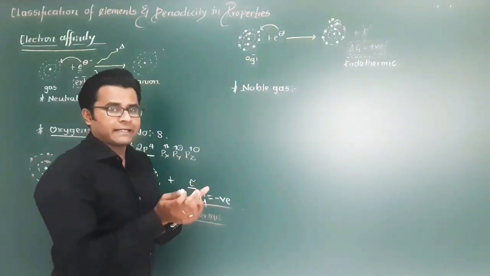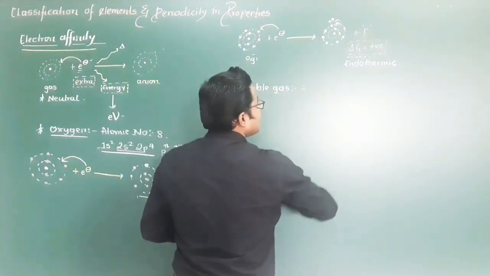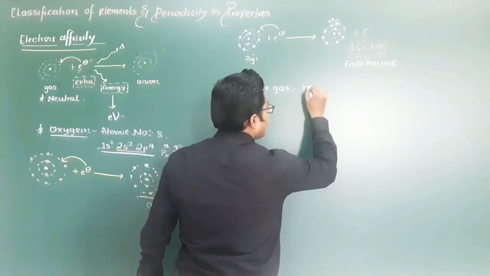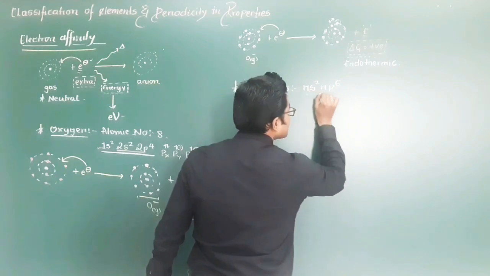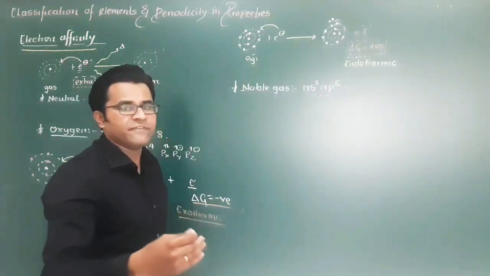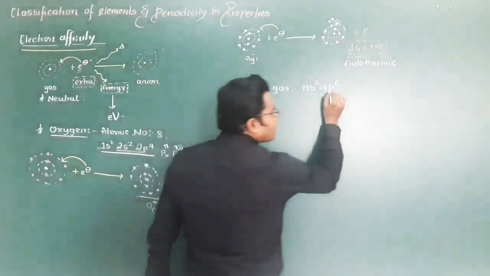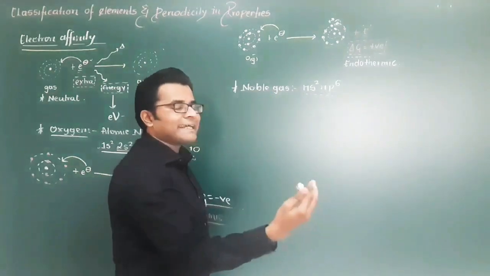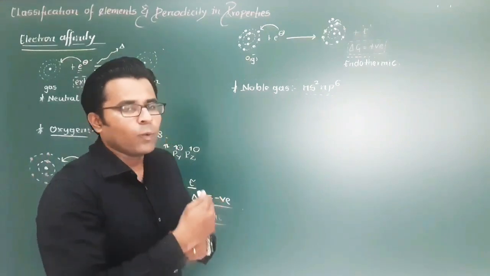When we observe the electronic configuration, we understand that it is ns2 np6. This condition is called the completely filled orbital configuration. Therefore, this system cannot accept any electron, no matter what we do.